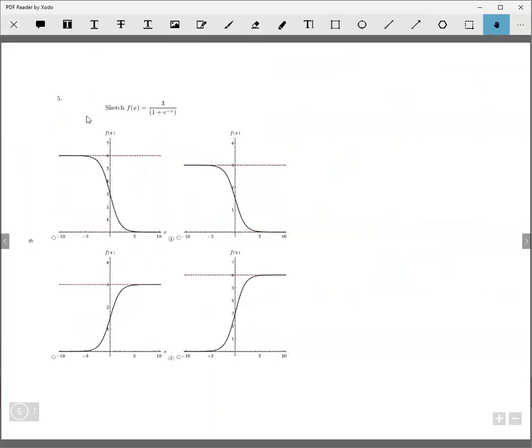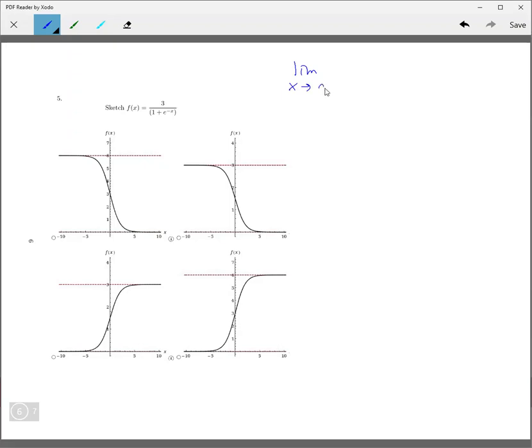Okay, so let's check out number 5. 3 over 1 plus e to the negative x. So here, what we want to check first is what happens as x goes to infinity.